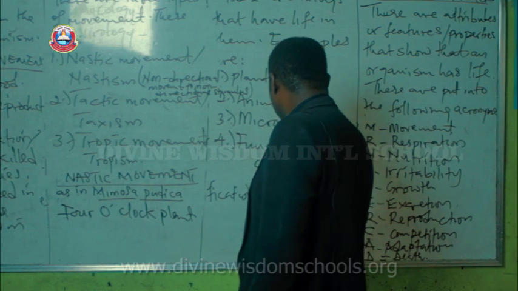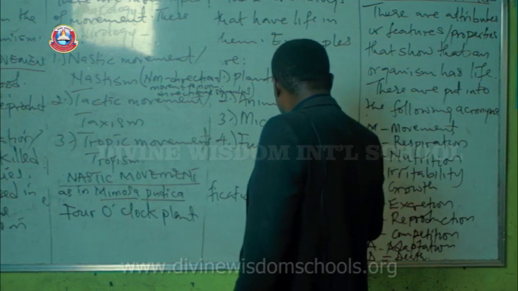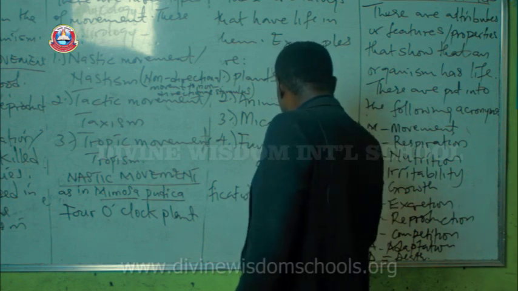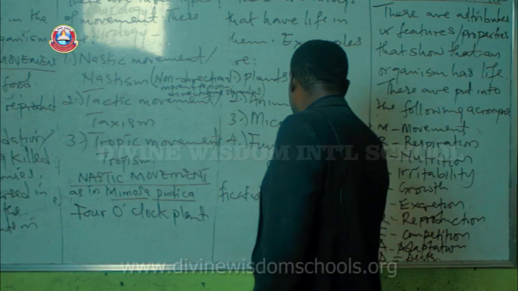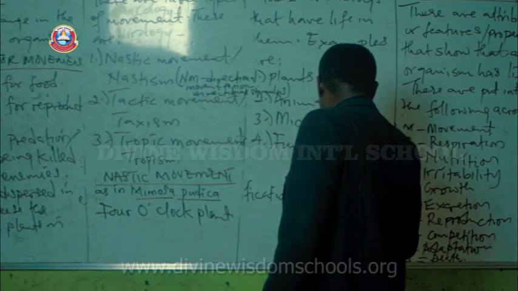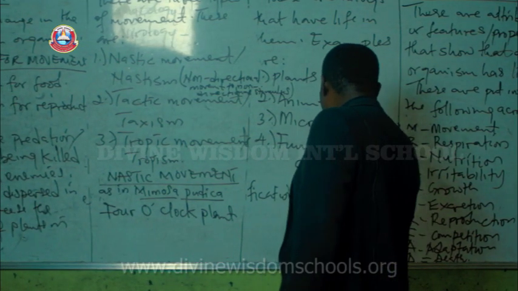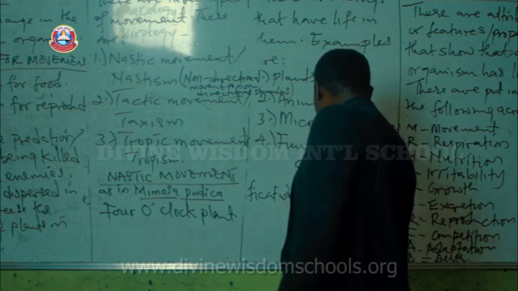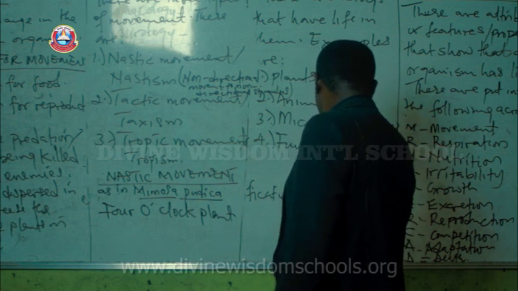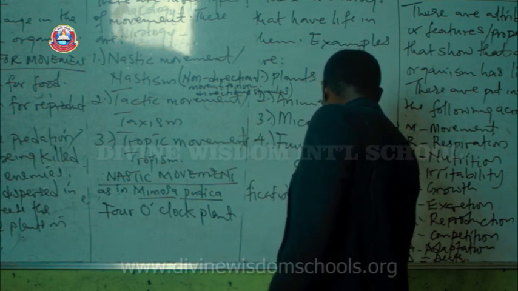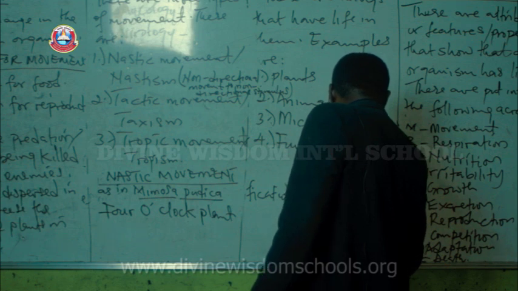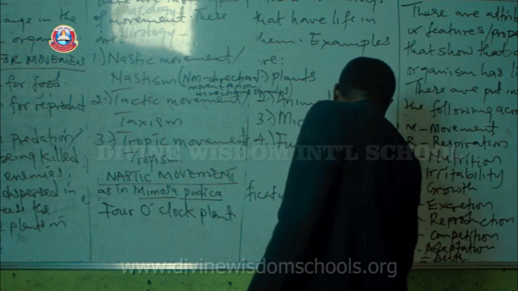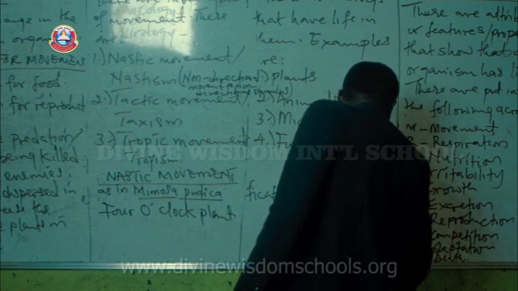Now, what is the classwork? Number 1, define biology. Number 2, state 10 characteristics of living things. Number 3, define nastic movements with at least 2 examples.